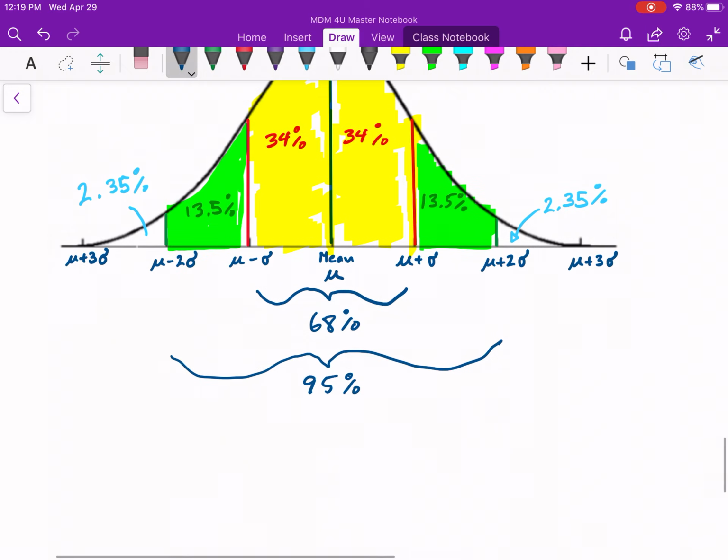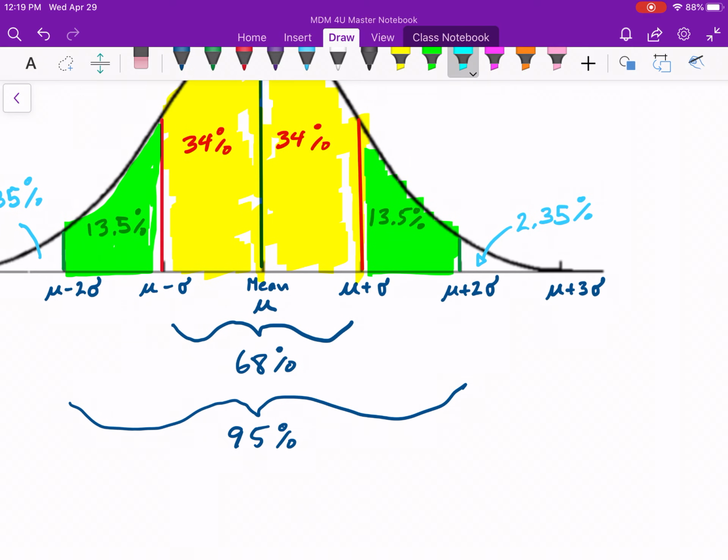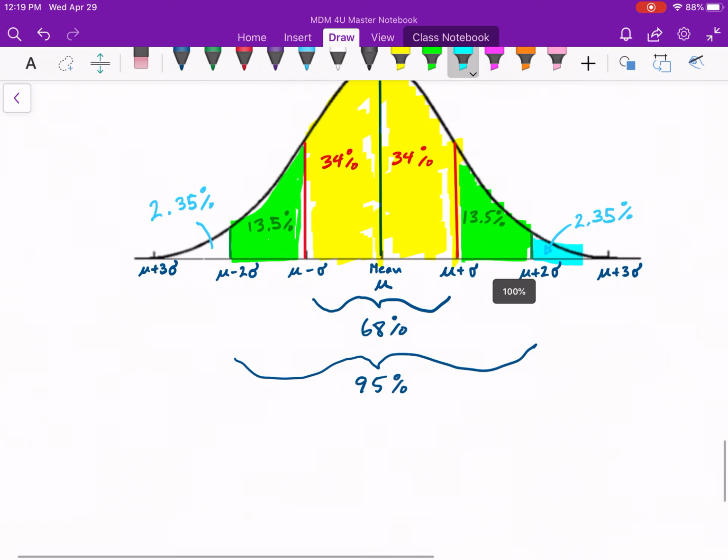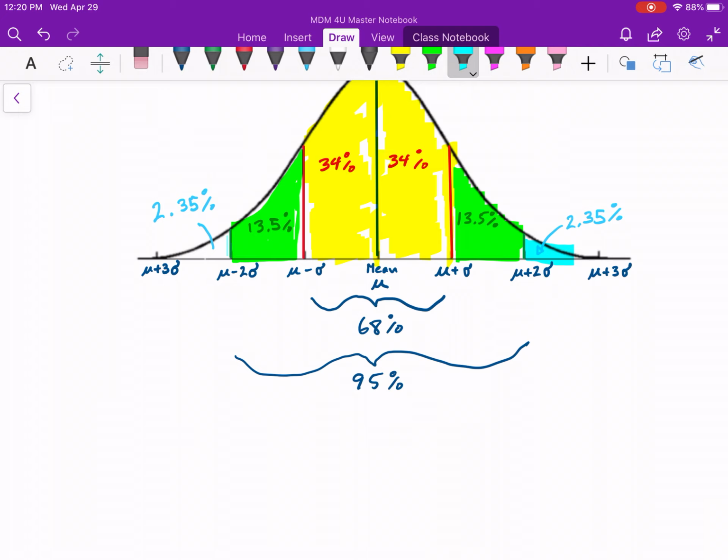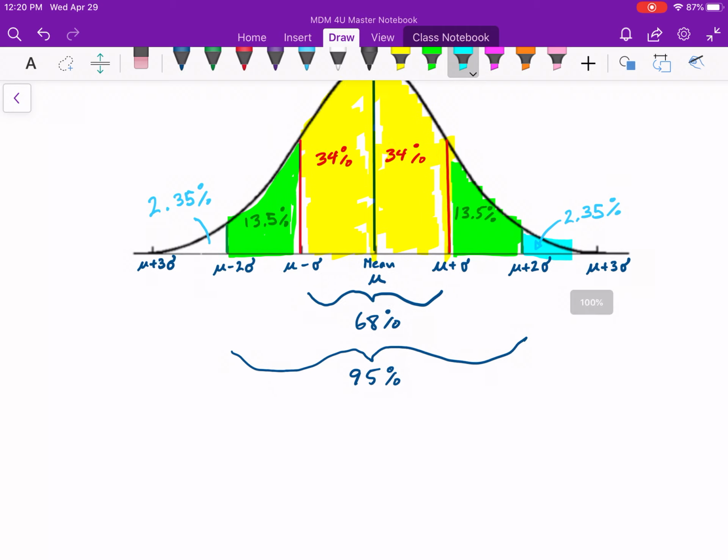And then finally, again, things tail off on either side. So greater than 2 standard deviations above the average, that is 2.35%. Less than 2 standard deviations below the average, but greater than 3 below it, is also 2.35%. Add those together, and we get 4.7%.